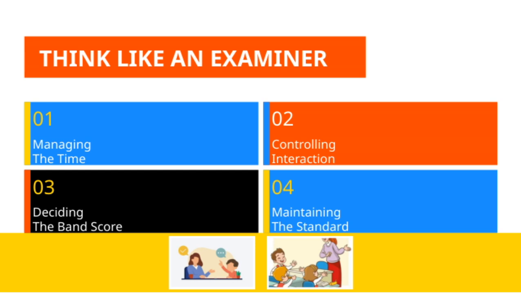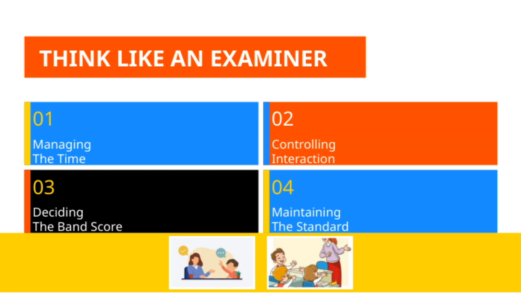Then, controlling interaction is crucial. This means managing your engagement with the examiner and the task, making sure your responses are relevant and clear, and maintaining a confident tone. Managing the time is also essential. You want to allocate your time wisely across different parts of the exam so you can complete everything without rushing or running out of time.